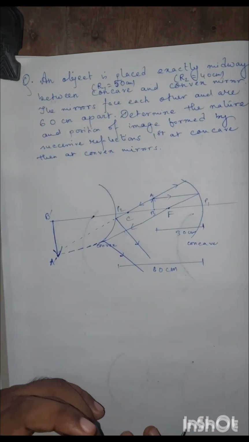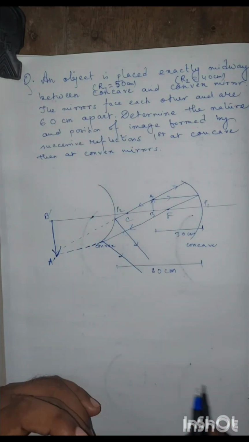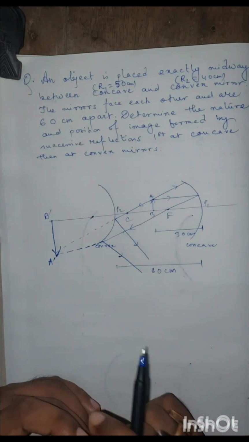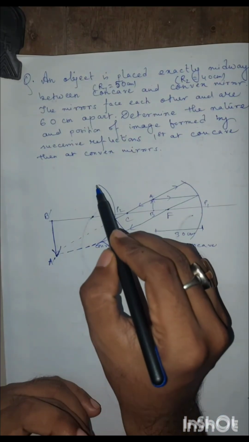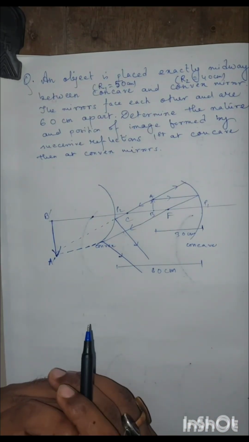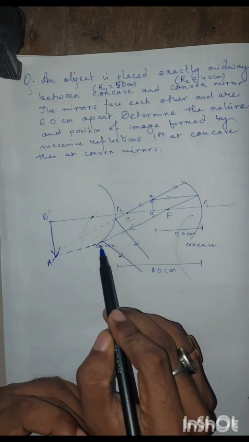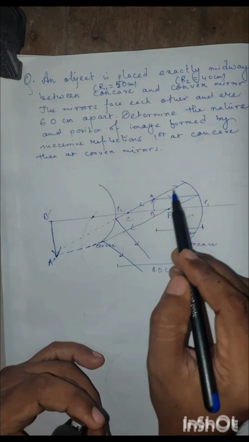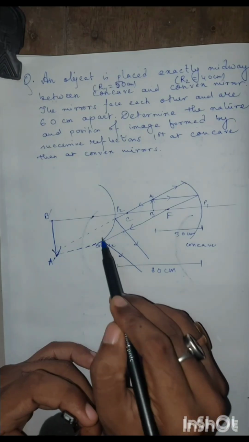Now, let us consider the second mirror, that means the convex mirror. So, if we place a convex mirror, these rays will again get reflected.